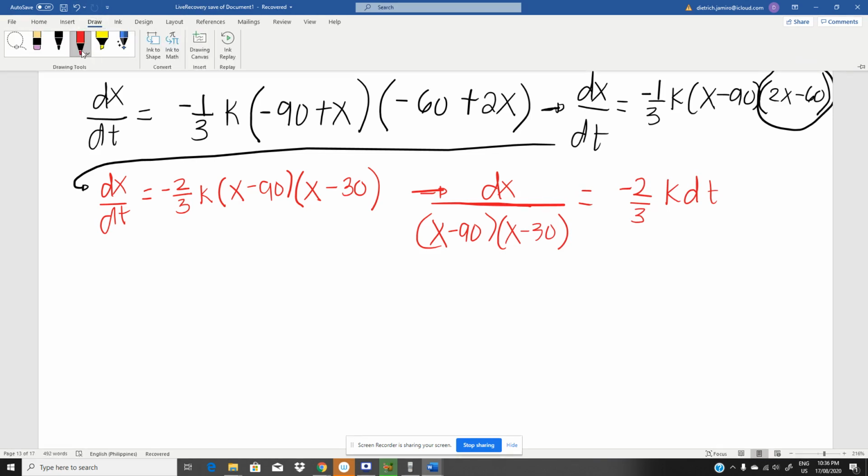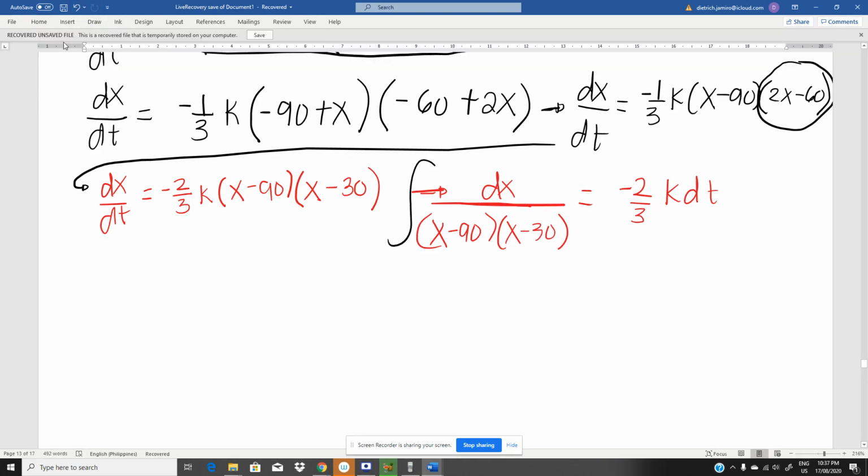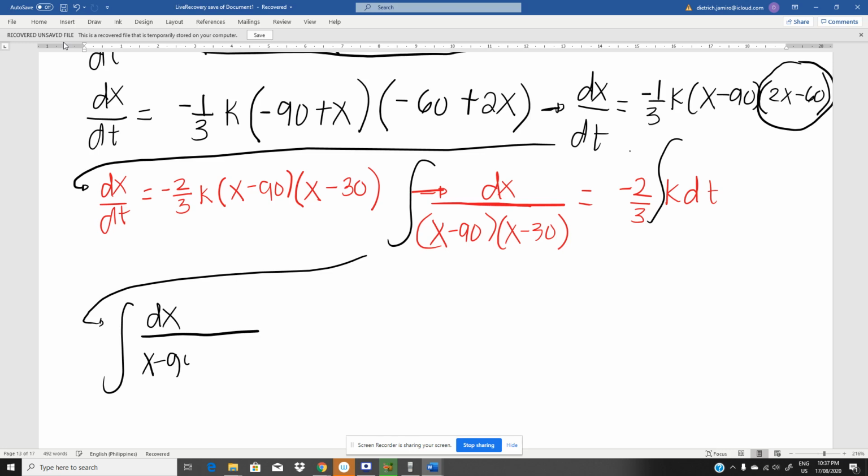And then integrating both sides of the equation, we will have the integral of dx over (x minus 90)(x minus 30) is equal to negative 2/3 k t plus c.